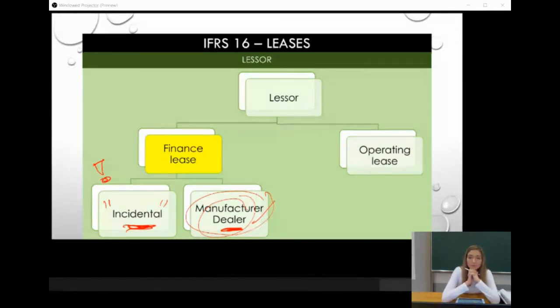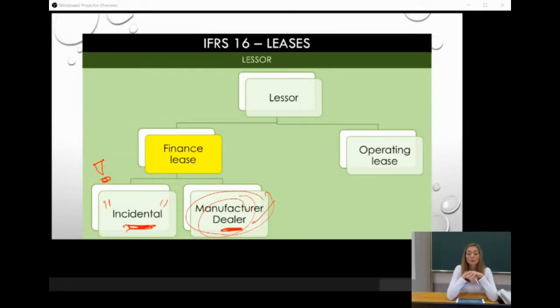So you will see that when we give you a leases question, or in our examples, and we do the tax, we will always tell you that this lease has been classified as a lease by the South African Revenue Services, therefore not as an installment sale agreement.